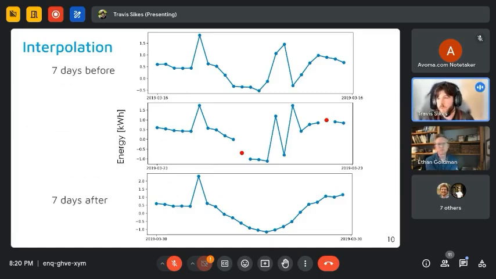The best we can do is understand the general shape from the week before and the week after. We look at two data points there because of the noise. Then we use the days surrounding it to figure out how to scale that appropriately for the week of.